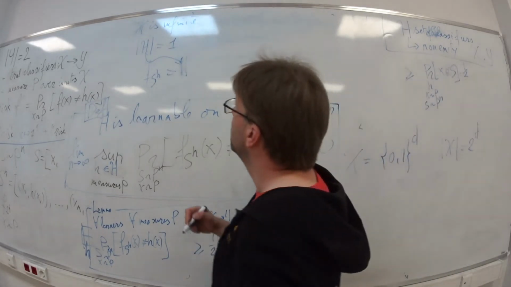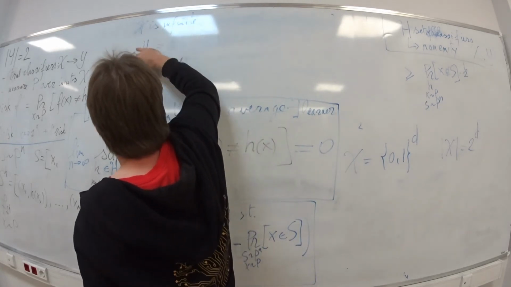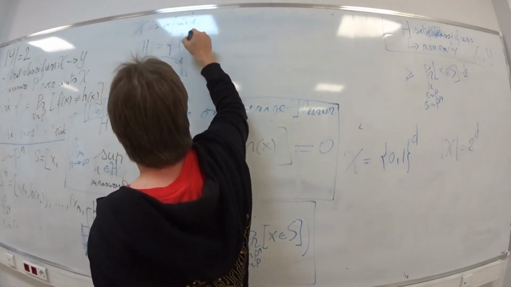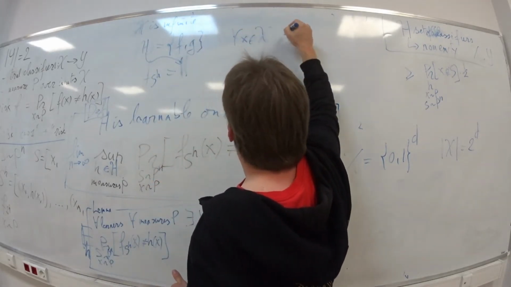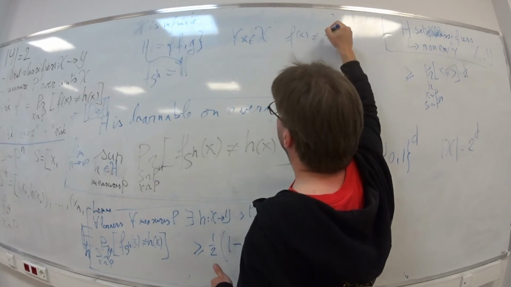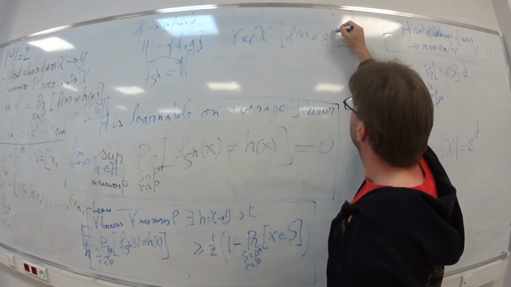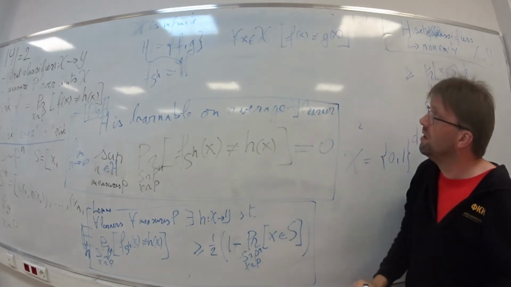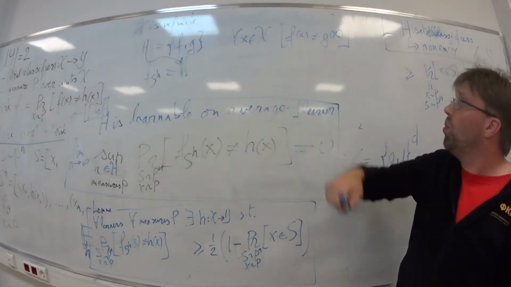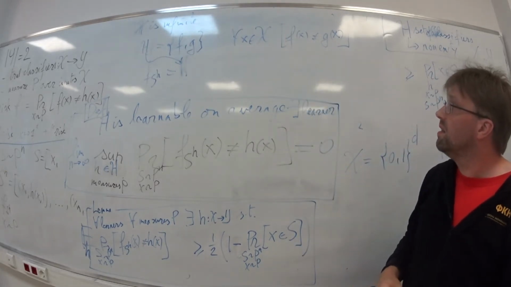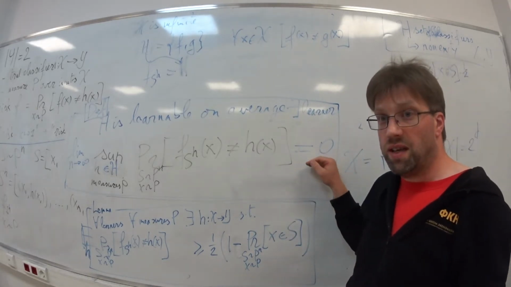Okay. Now let us look at H equals two classifiers, f and g, where for all x, f of x differs from g of x. I claim that this is also learnable on average.